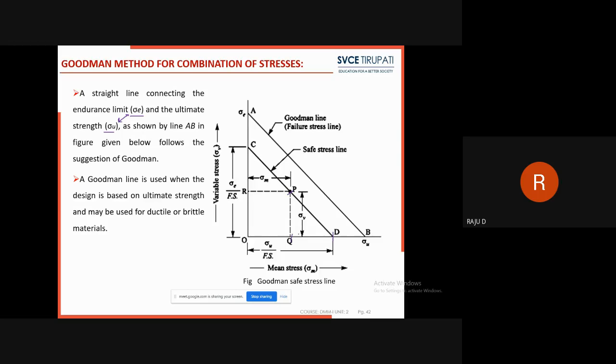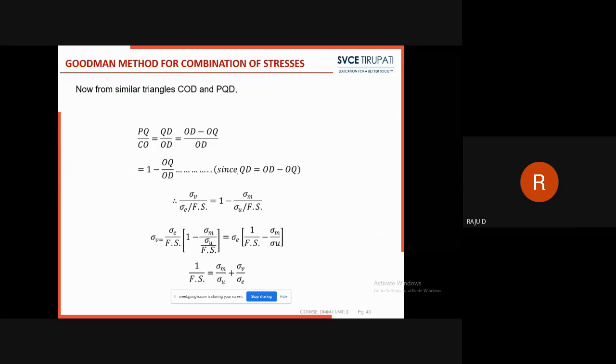The PQD triangle height is sigma V and base is sigma U by factor of safety, the entire length from point O to point D. Similarly, in triangle COD, the base distance is sigma U by factor of safety and the vertical height is sigma E. According to the similar triangle method, we take the equation PQ by CO is equal to QD by OD.